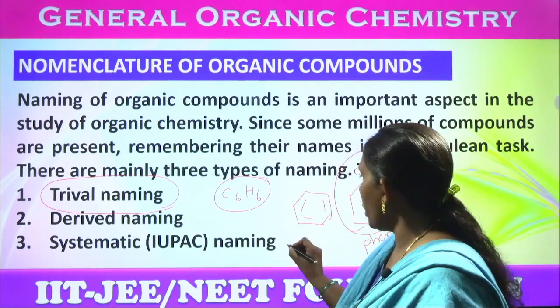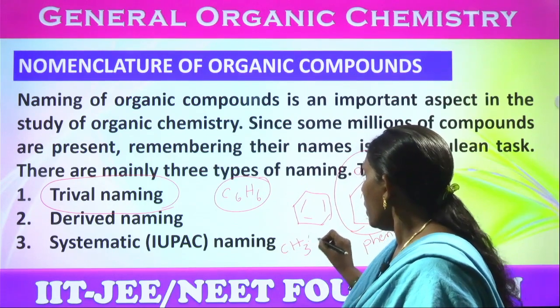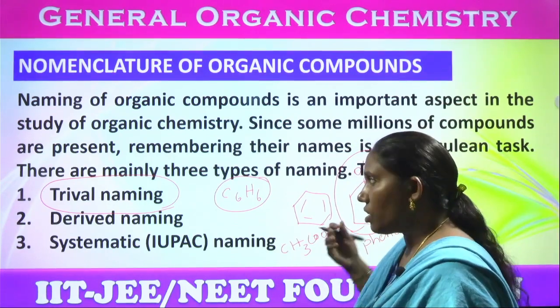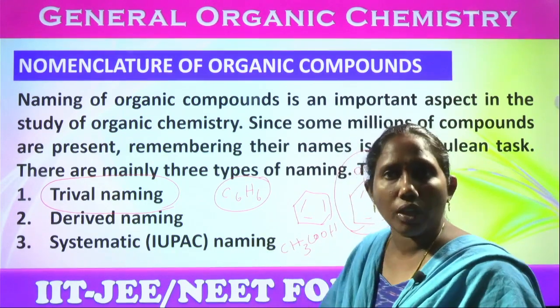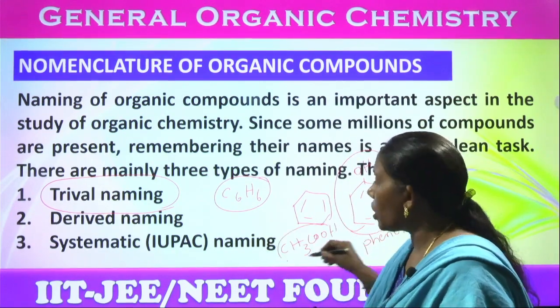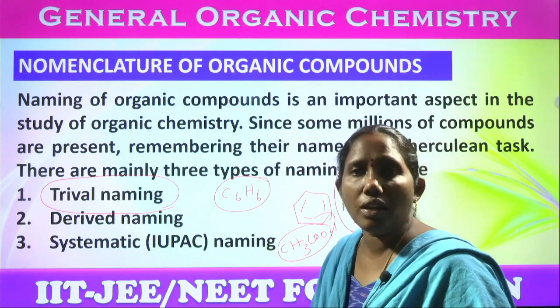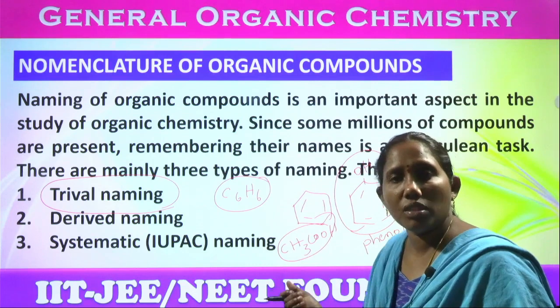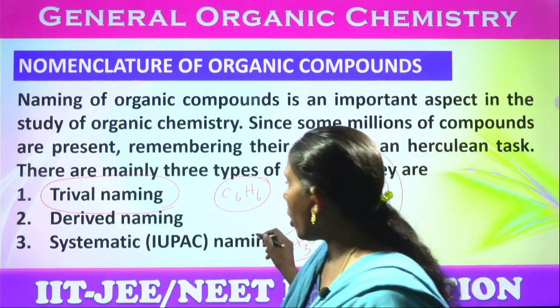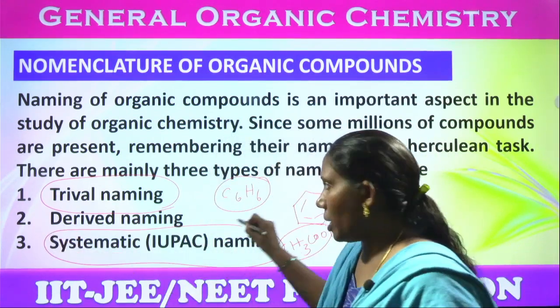Acetic acid, if you take CH3COOH, acetic acid is its trivial name, not the IUPAC name, but it is famous with its trivial name only. So for some compounds we can remember those trivial names, but remembering all their common names is not possible. That's why we follow systematic naming.